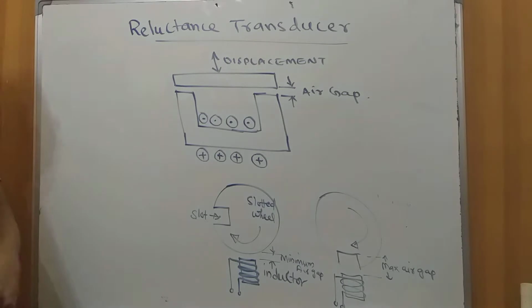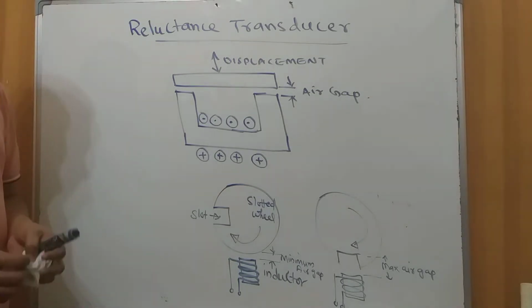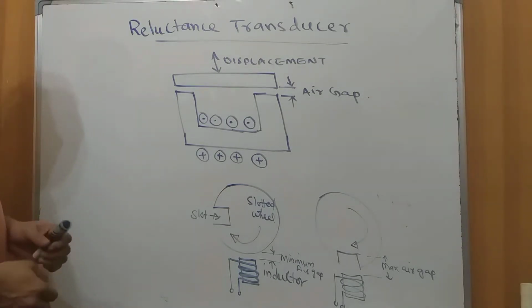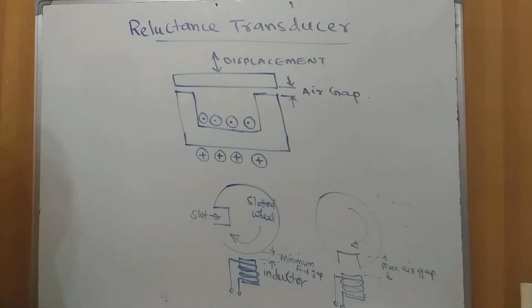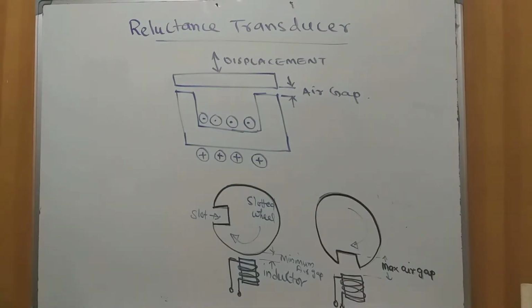One of the important types of transducers belonging to the category of inductive transducers is the reluctance transducer. Already we said the reluctance is the property of the material by which the material tries to resist the passage of magnetic flux lines.